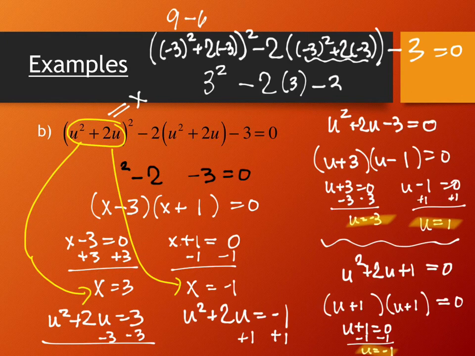And then minus my 3. 3 squared is 9. Minus 2 times 3 is 6. 9 minus 6 minus 3. That's 0, right? Yeah, it works. It checks out.